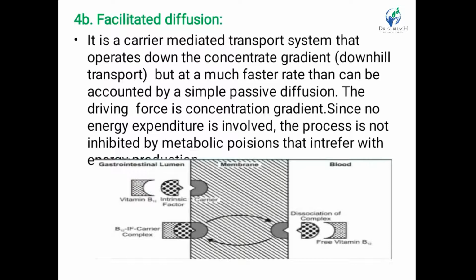This type of diffusion is much faster than simple passive diffusion. But here the driving force is a concentration gradient also. Since no energy expenditure is involved, the process is not inhibited by metabolic poisons that interfere with energy production.